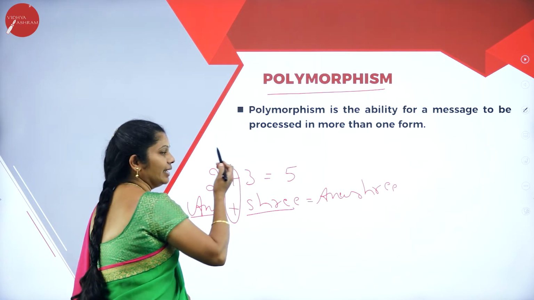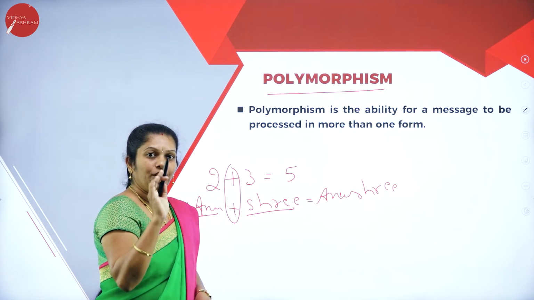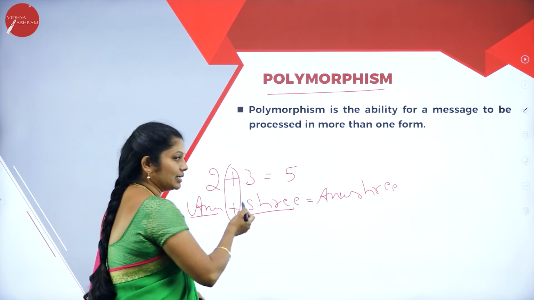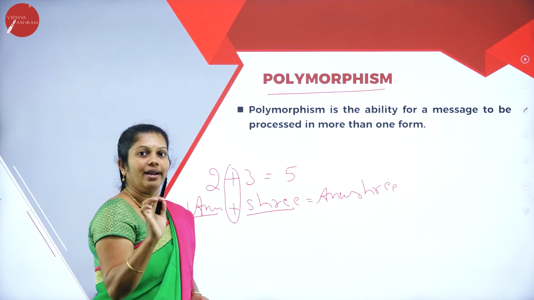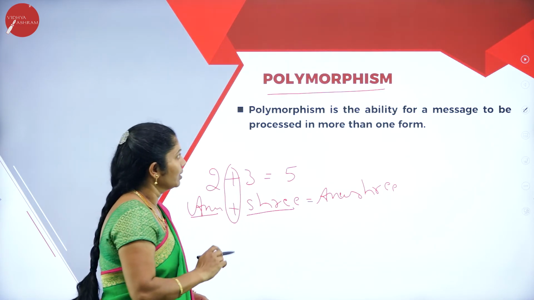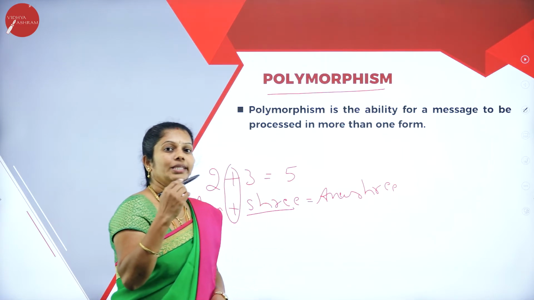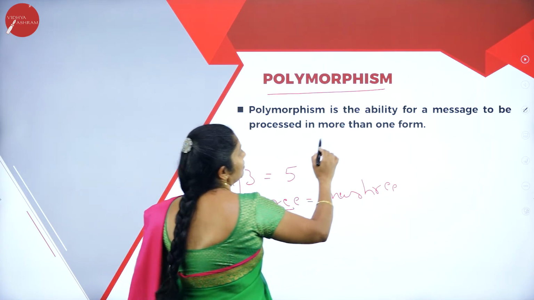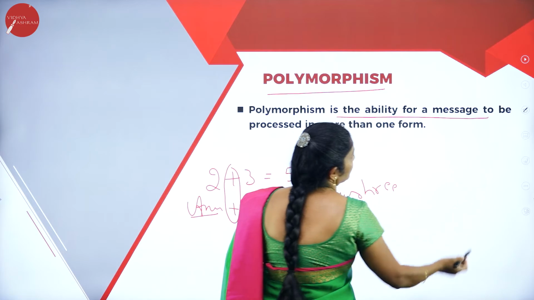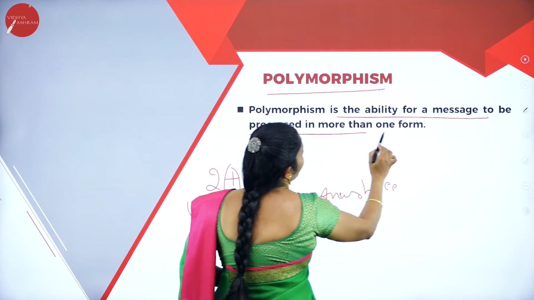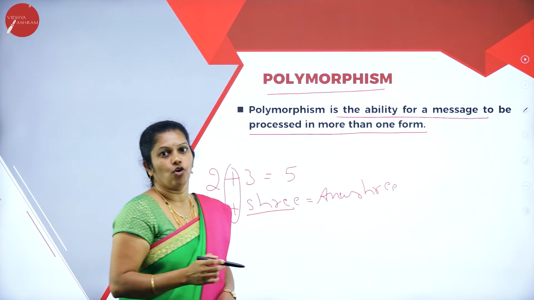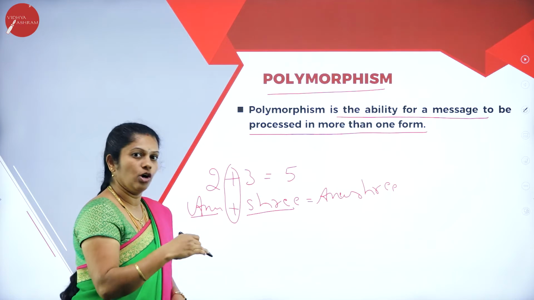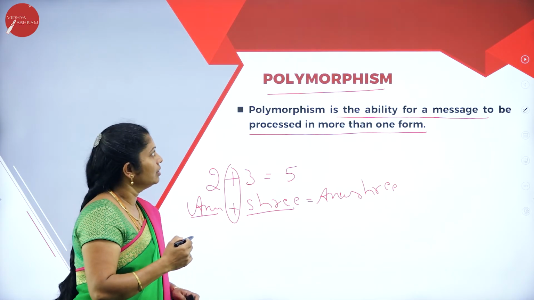In this case it acts as adding two numbers, whereas in this case, it will not add. In place of add, it will combine the values. Polymorphism is the ability for a message to be processed in more than one form.